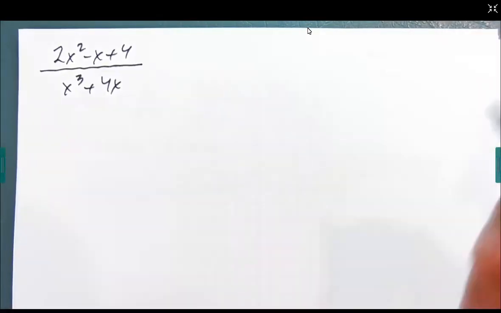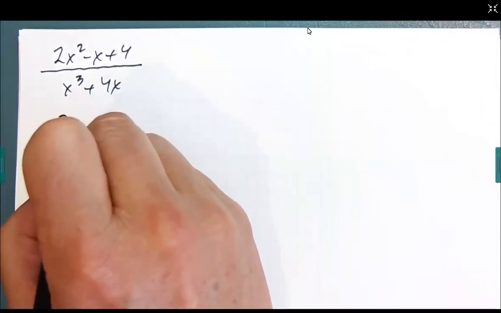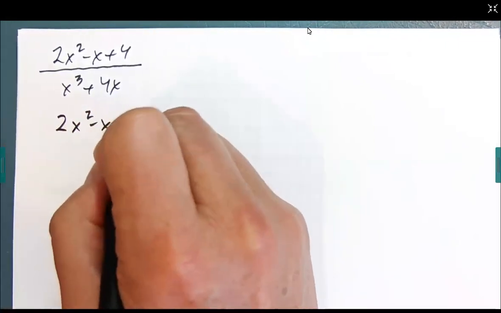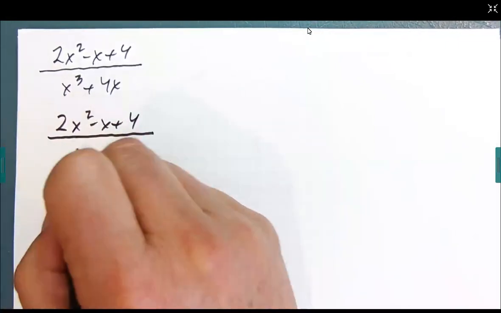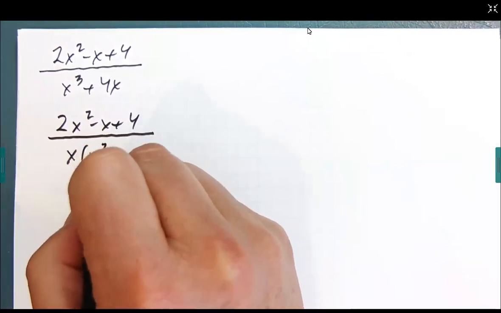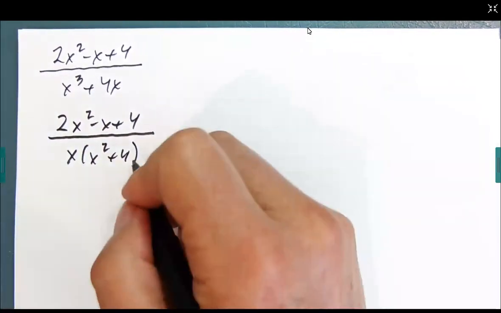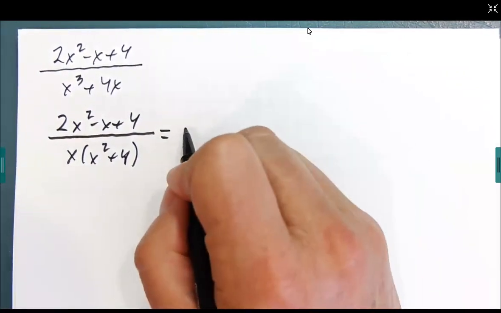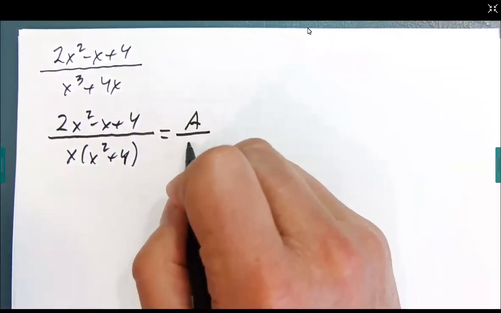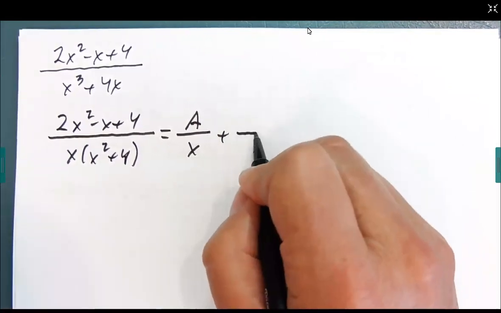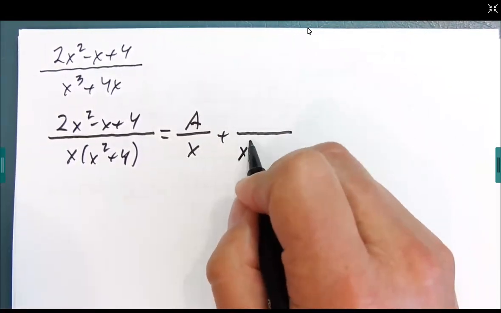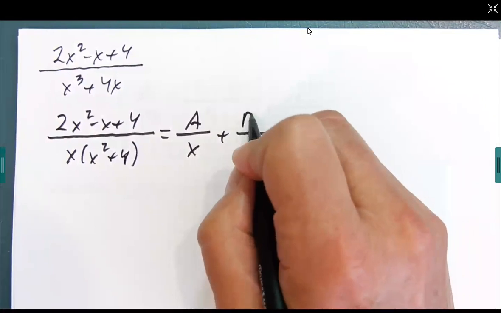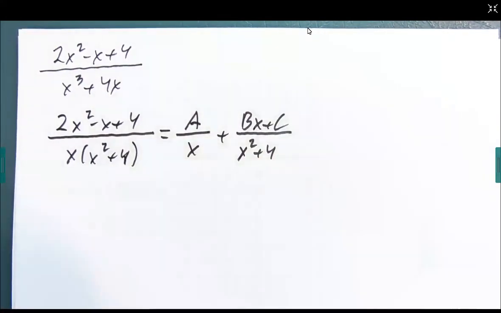We'll do the partial fraction decomposition part of that here. So let's factor that. Okay, it's a 4. So we're going to assume that this is equal to a constant over x plus, and because I have a non-factorable quadratic, I'm going to have a bx plus c down here.